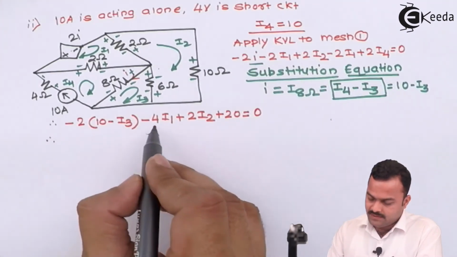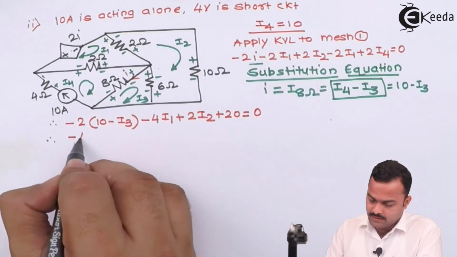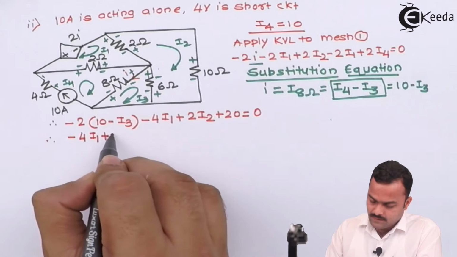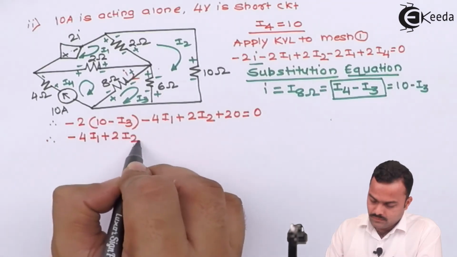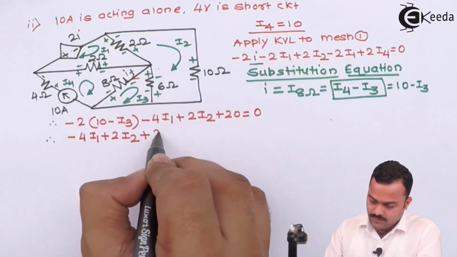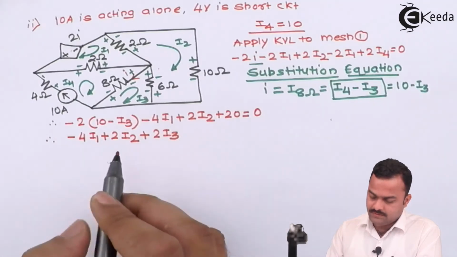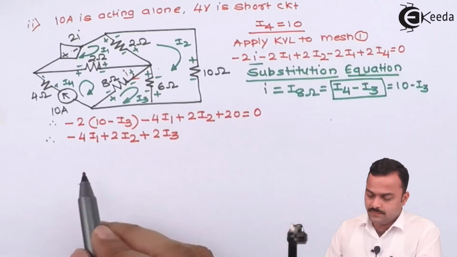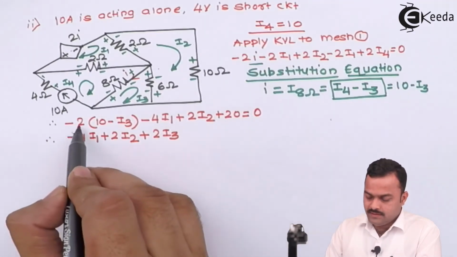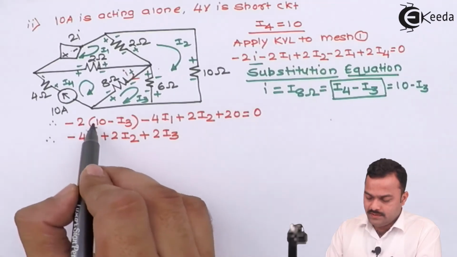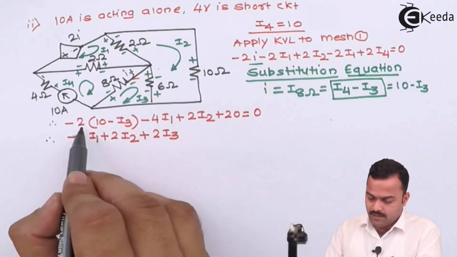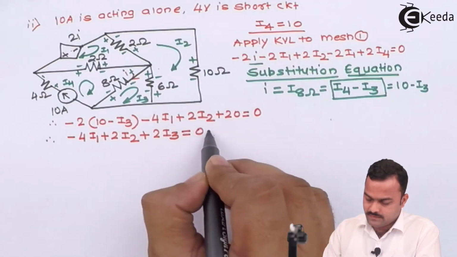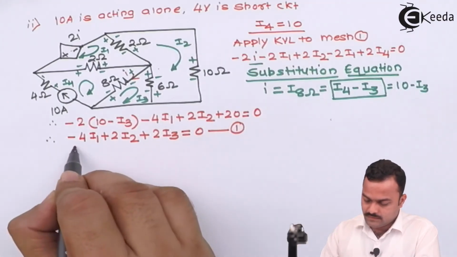So if you simplify this, we will get the equation minus 4I1 plus 2I2 plus 2I3. This is plus 20, this is a plus 20. Repeat. Over here, minus 2 into 10 is minus 20 plus 20 minus 20 plus 20 will become 0. So ultimately you will get an equation like this as equation number 1.